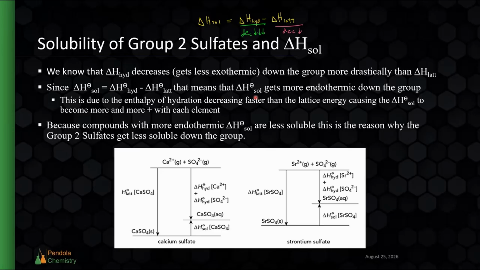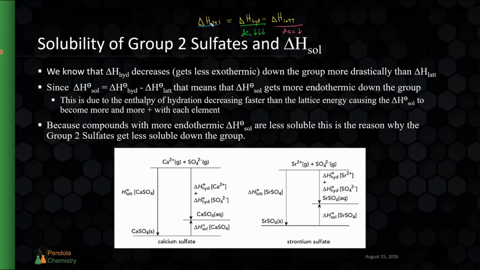That means that because the enthalpy change of hydration decreases much more rapidly than the enthalpy change for the lattice, the enthalpy change of solution gets more endothermic down the group. And that's because the hydration decreases faster than the lattice does, causing the enthalpy change of solution to become more positive as we go down the group. Now, this can be very hard to think about because, remember, when we say decreases, we mean gets less negative.